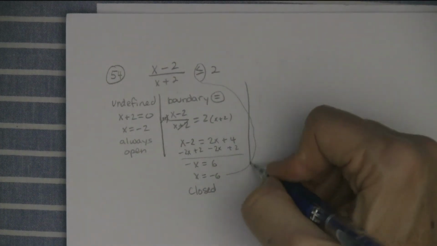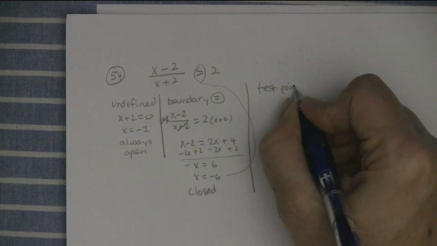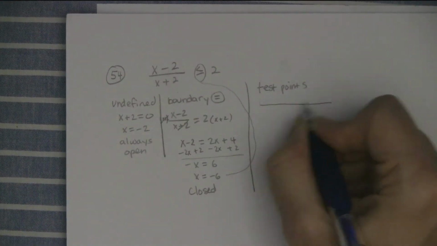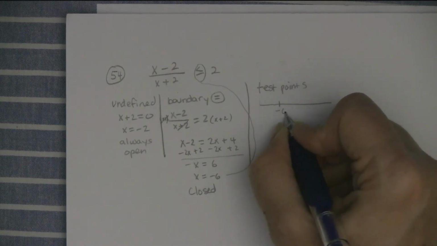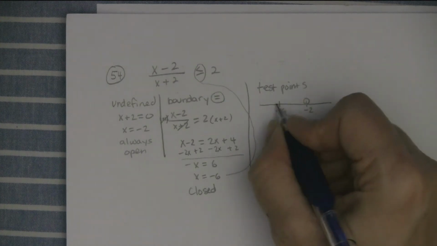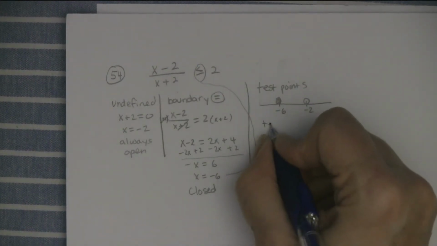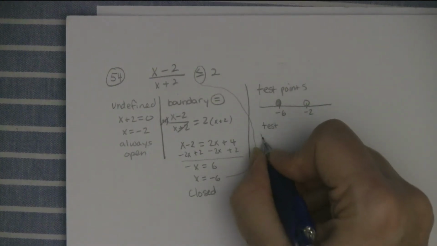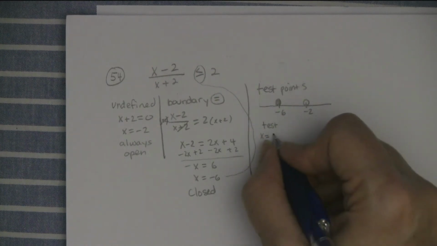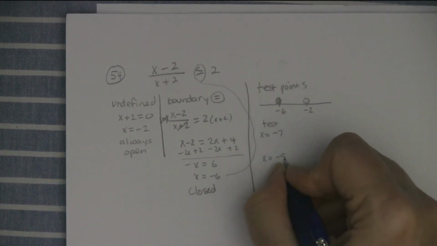Then the next thing is to test points in every region. So here's -6, here's -2, -2 was open, -6 was closed, and I'm going to test points x equals, I'm thinking about testing -7, and then in between, like x equals -5.